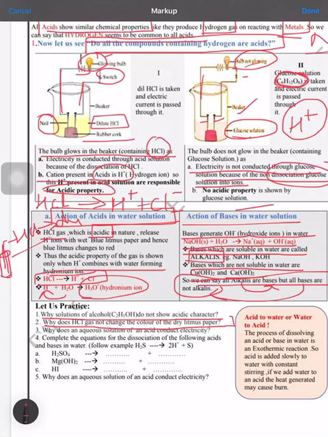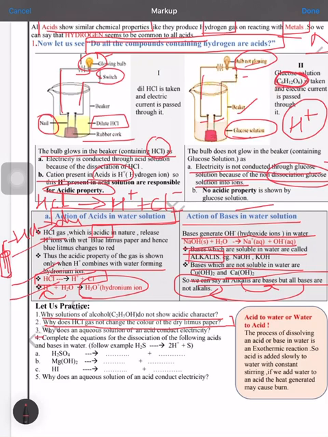When we bring a dry litmus paper in front of the mouth of the test tube from which the gas is coming out, the color doesn't change because the HCl is not dissociated into ions. But when we bring a wet litmus paper, the color of the blue litmus paper changes to red because of these two reactions you can write.